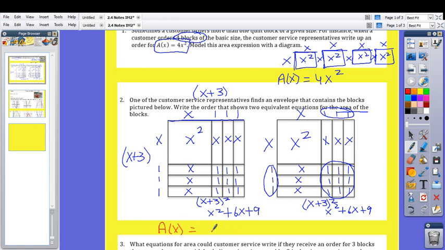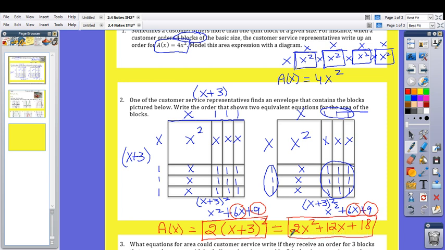Since there are 2 of them, so we will say 2 times x plus 3 square of that, and then these are two of them, so 2x squareds, and then you have 6 and 6, so 12x, and then you have 9 and 9, so 9 plus 9 is 18. So the area, when you are looking at the side dimensions, then it's this. If you are looking and counting the tiles or the blocks inside, then the area is this. Okay.